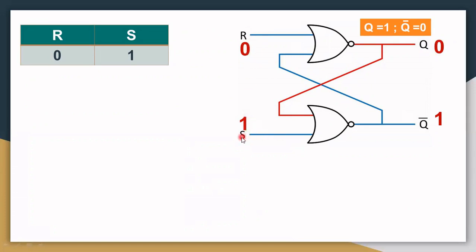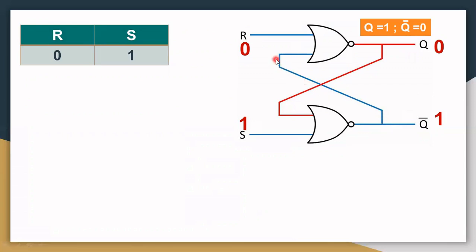Whenever I am giving a high signal here, it gets enabled and the second input is 0. 0 and 1 to OR gate is 1. This is NOR gate, so it gets inverted to 0. So the final output Q dash is 0.